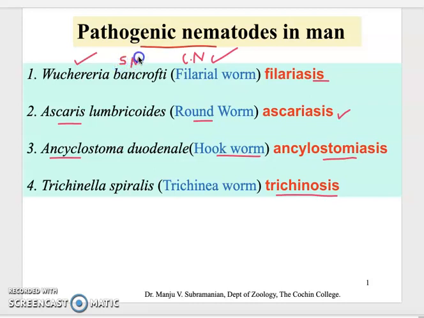And this is the disease caused by these worms. All of these can be asked as 2 marks questions, so you need not be confused between the scientific names of these parasitic forms.